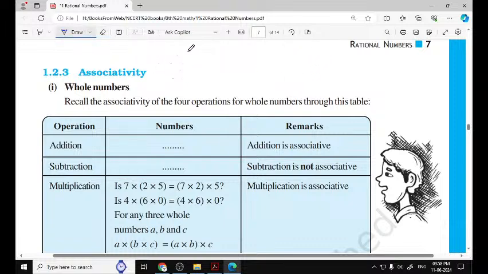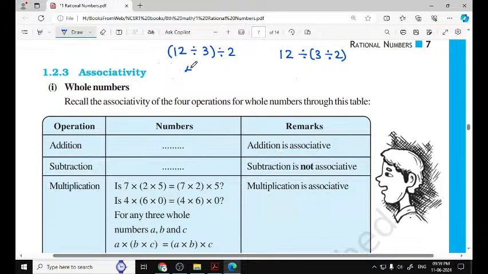If we divide 12 by 3 and let us divide that answer by 2. Now let us change the grouping, and 12 divided by 3 divided by 2.